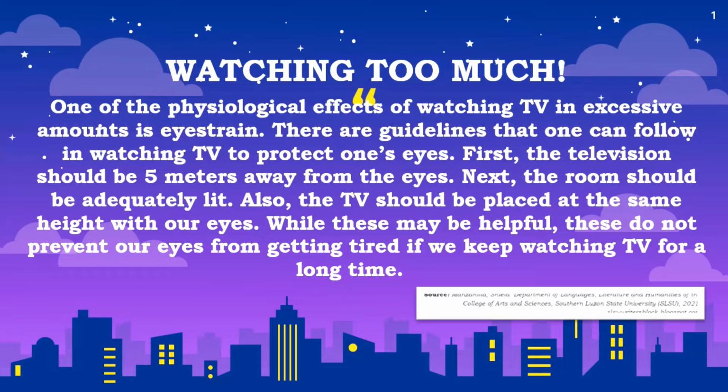Next, the room should be adequately lit. Also, the TV should be placed at the same height with our eyes. While this may be helpful, this do not prevent our eyes from getting tired if we keep watching TV for a long time.